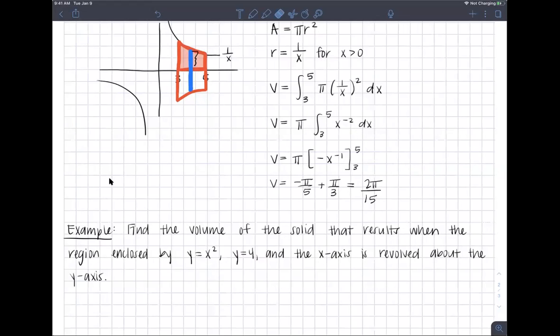Oh, hang on. I put the region enclosed by the x-axis, but I really mean the y-axis. So the line x equals 0.